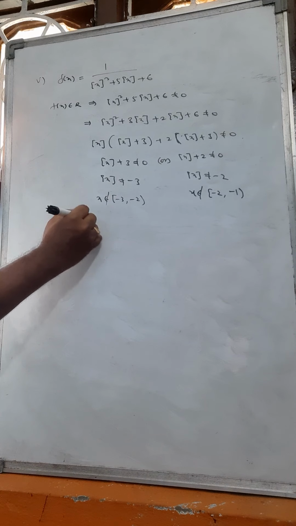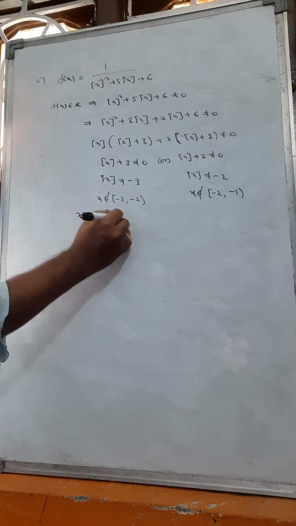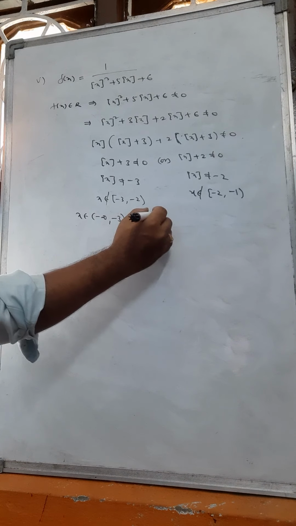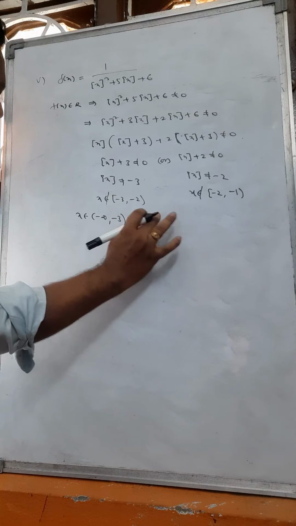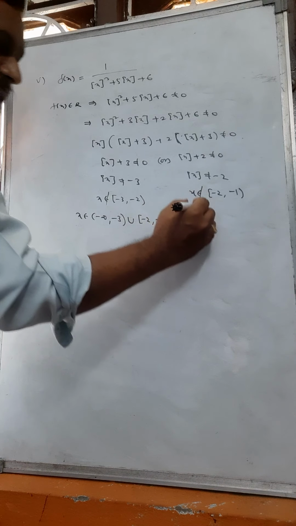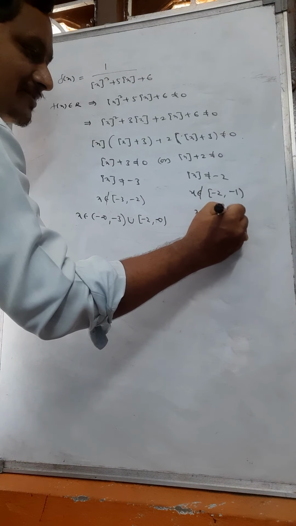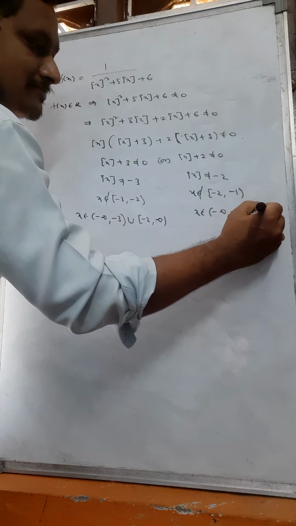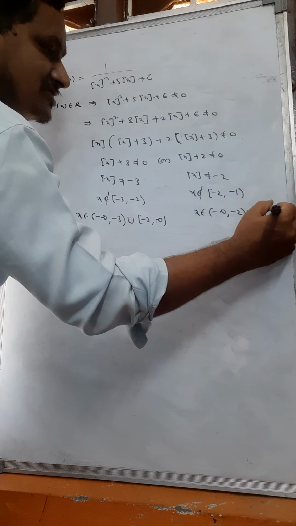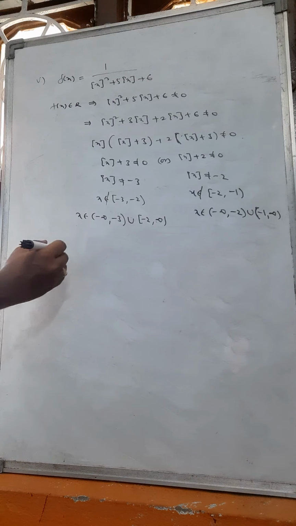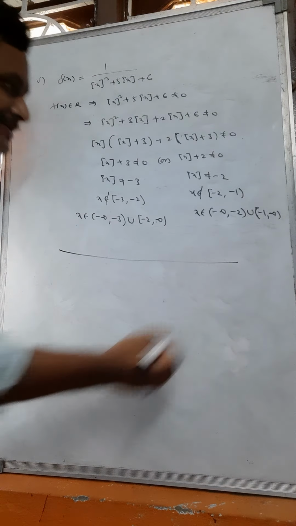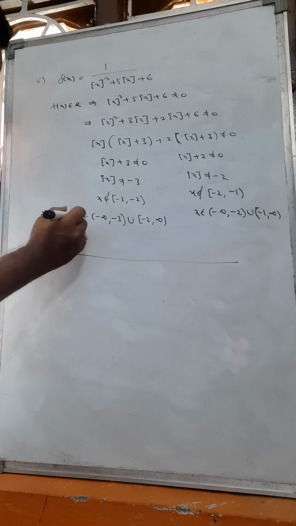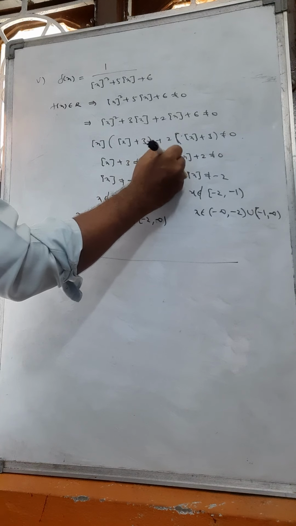So this means x belongs to minus infinity to minus 3 union closed interval minus 2 to infinity. It means x belongs to minus infinity to minus 2 union closed interval minus 1 to infinity. So here we have to take the combination.